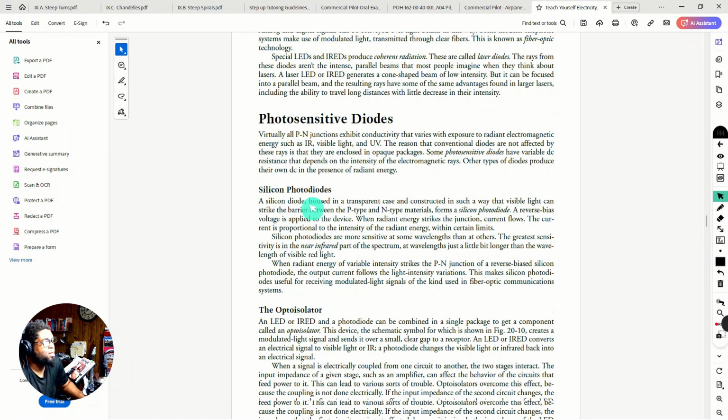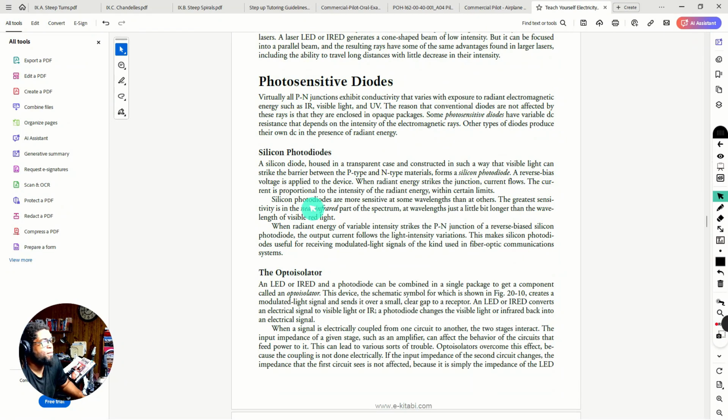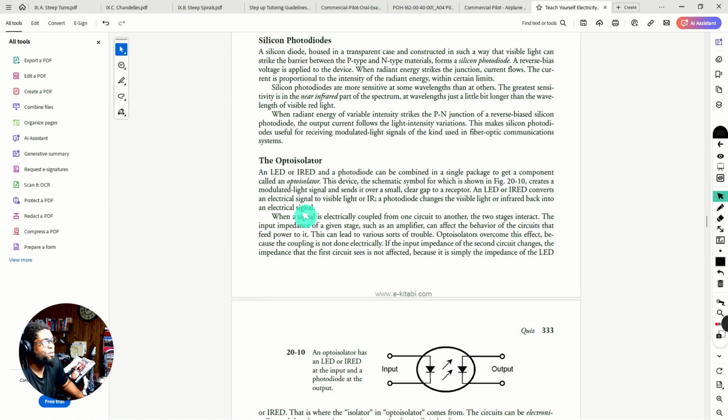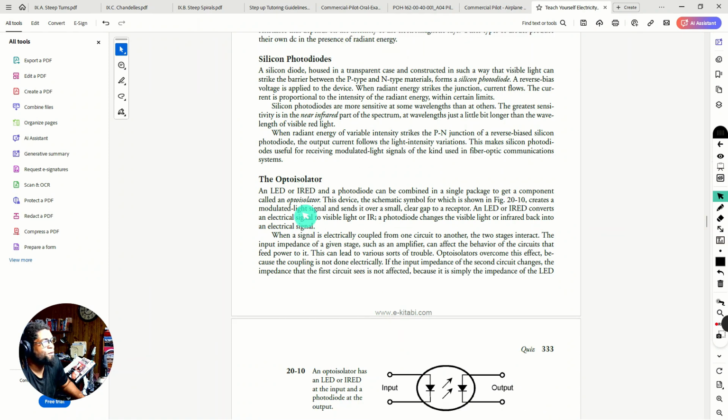Photosensitive diodes, I think these are pretty interesting if you're not familiar with them. If you have any outdoor devices, things that turn on when the sun comes up, they're using these photodiodes. Photodiodes are basically diodes that respond to photons, so they respond to light. Then we have the opto-isolator, which is similar to the photodiode.